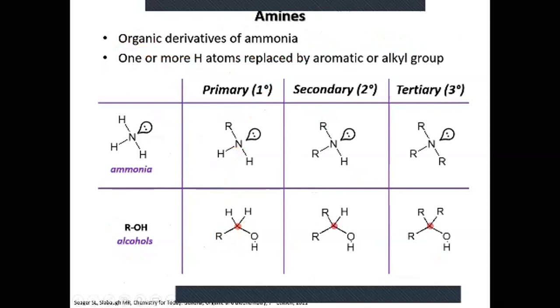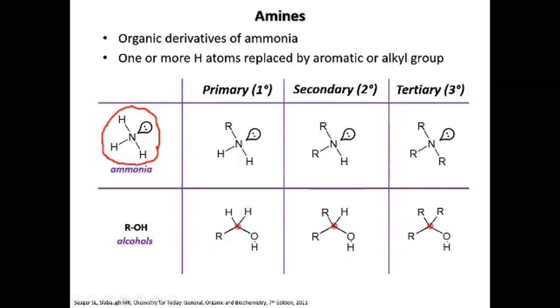Now, what's the difference between primary, secondary, tertiary amides? So again, the simplest amines. We're talking about amines here, not amides. So the simplest amine is when all the R groups are hydrogens. This is called ammonia. Now, a primary amine is when one of the hydrogens is replaced with an R group.